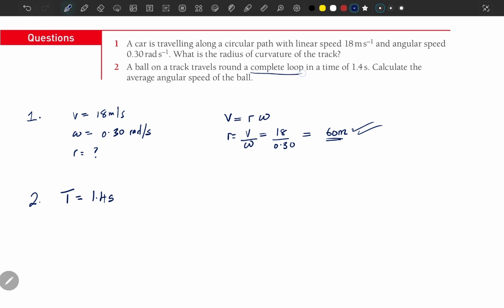Now it's a complete loop, and we know that a complete loop of a circle is 2 pi, like 360 degrees. So we have the angular displacement theta, 2 pi. What else do we have? We're looking for the angular speed.